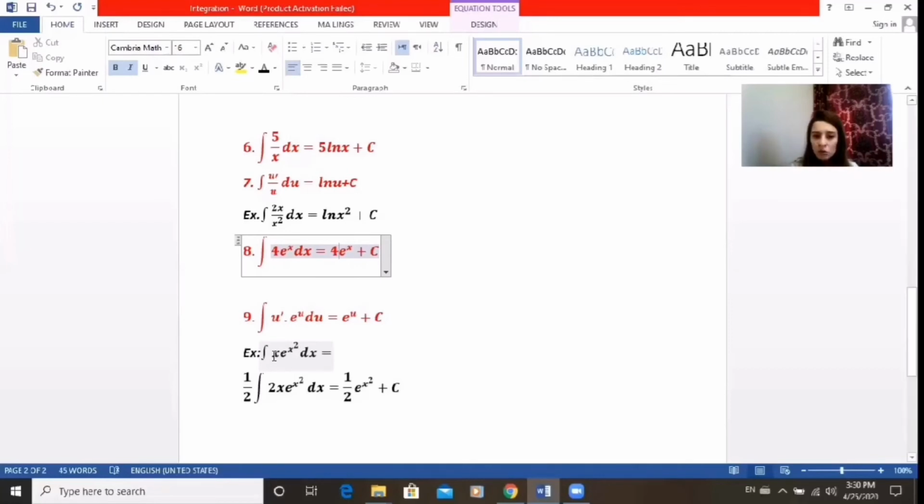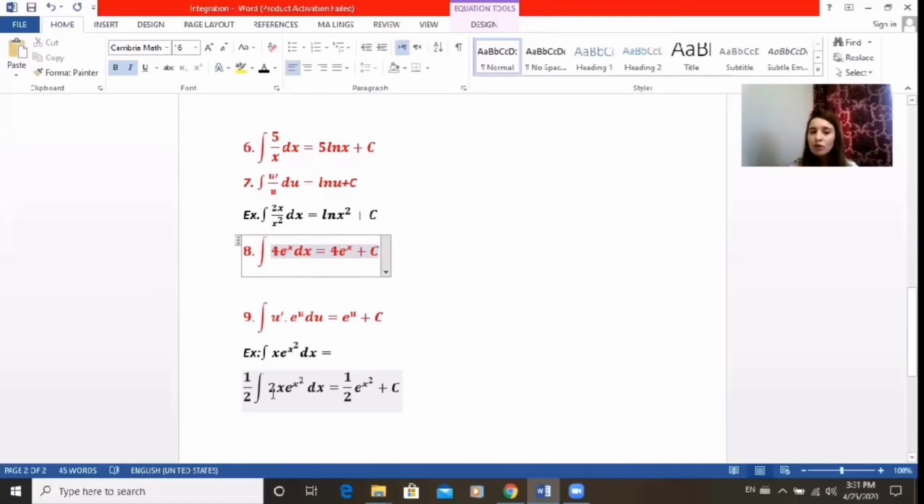I need 2. The rule says u prime dot e to the power u. So I will multiply by 2, but at the same time I will multiply outside by the fraction 1 over 2. As 2 multiplied by half is 1, you didn't do anything.